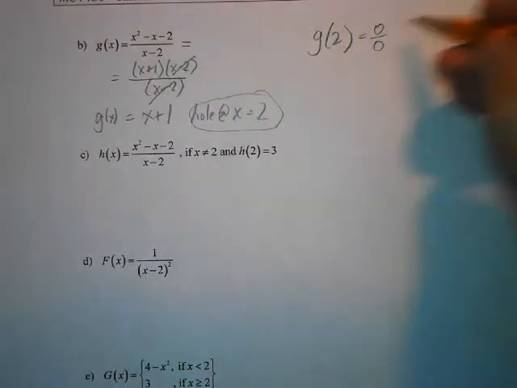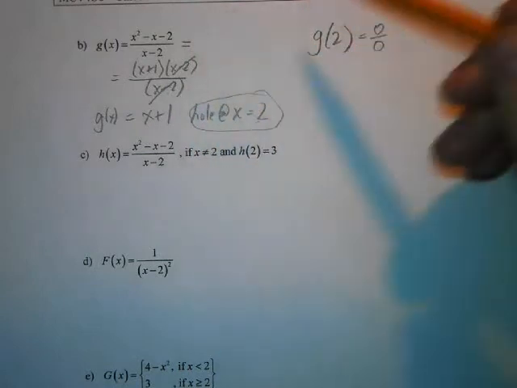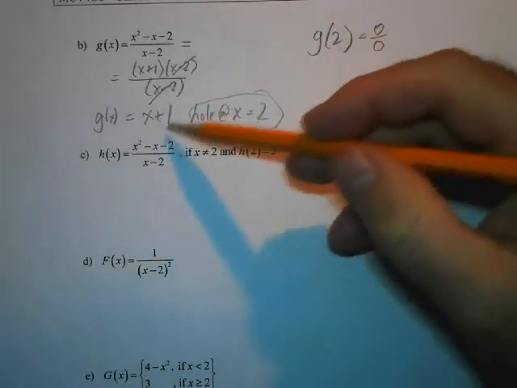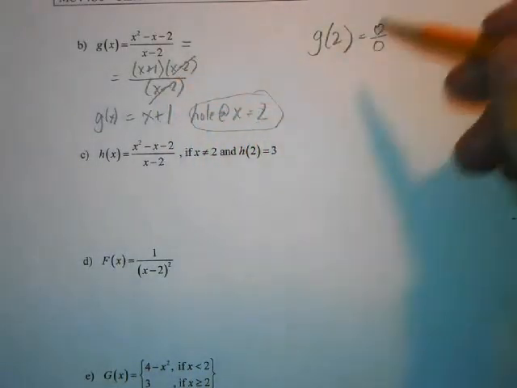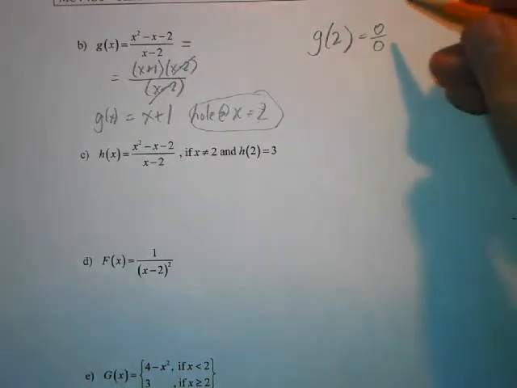So it's not defined. You can't just plug it into x plus 1 and get 1, because the fact that you cancel those factors means there's a hole there. That gets lost.